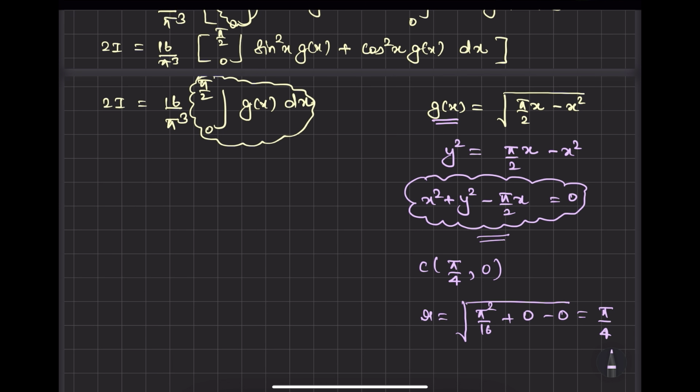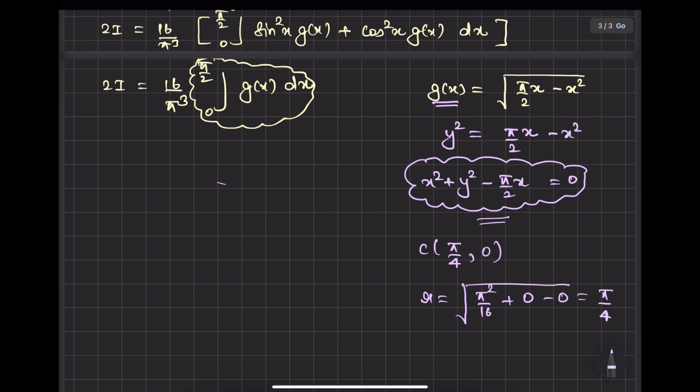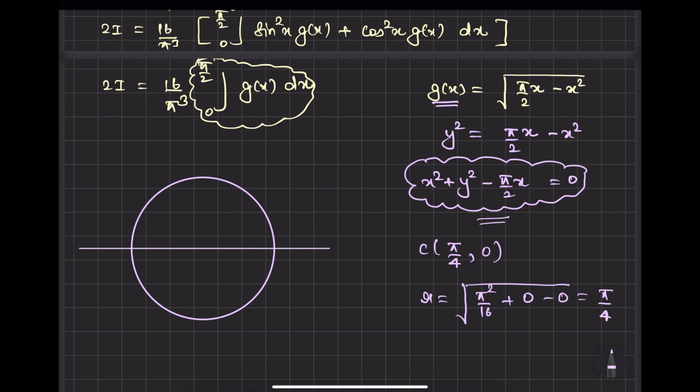Now look at this. Let's try to draw the circle. So the circle is having center at what point? Pi by 4 comma 0, means it is on the x axis, right? Pi by 4 comma 0, and the radius is also pi by 4.